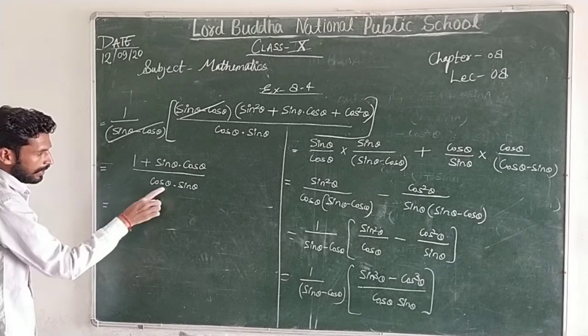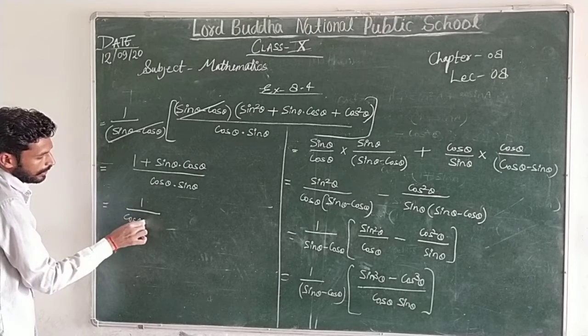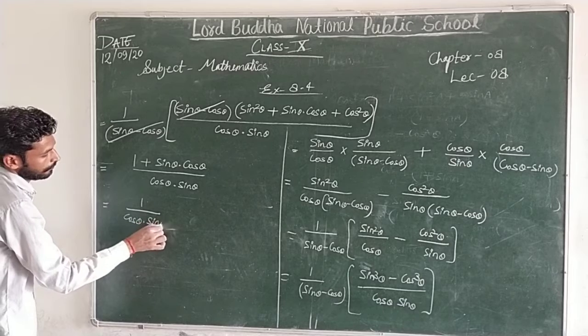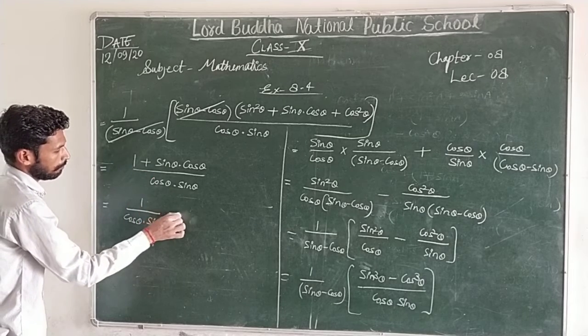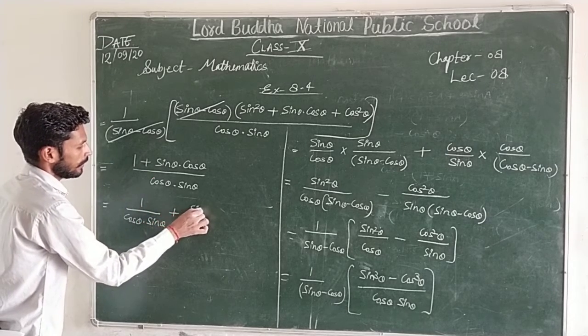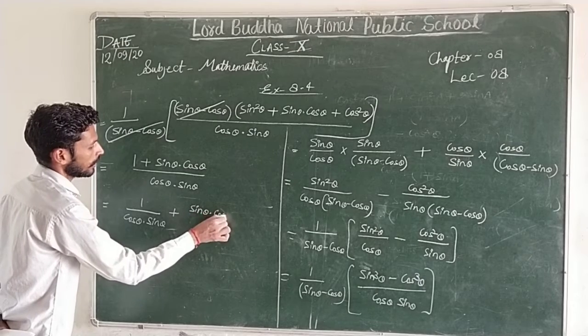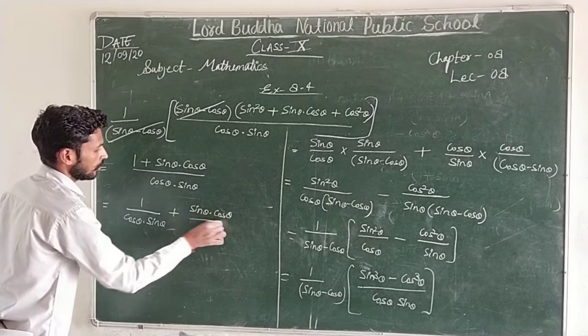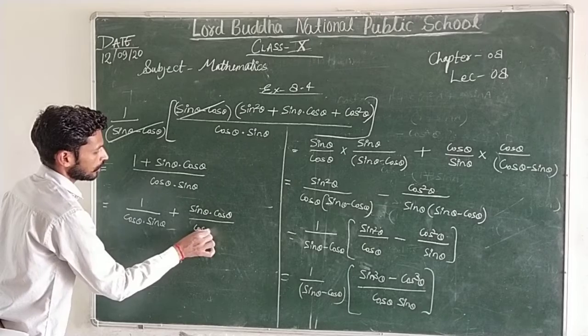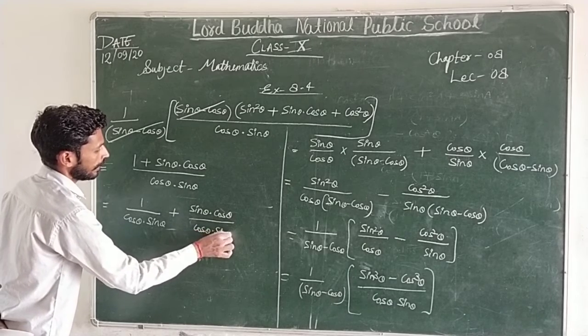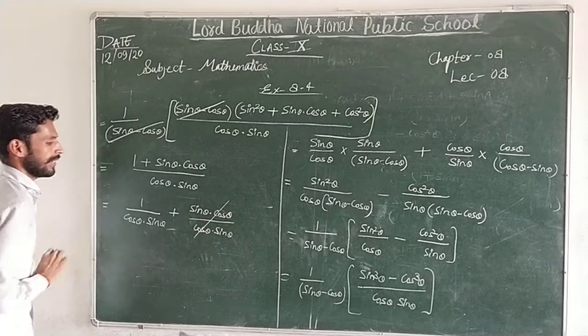Now 1 upon cos theta into sin theta, and here is the plus, so take plus sin theta into cos theta, and it is also divided by cos theta into sin theta, then it will be cancelled.